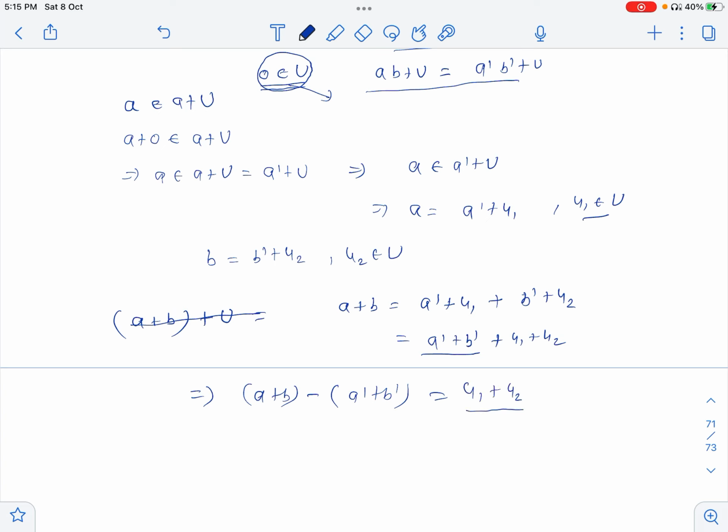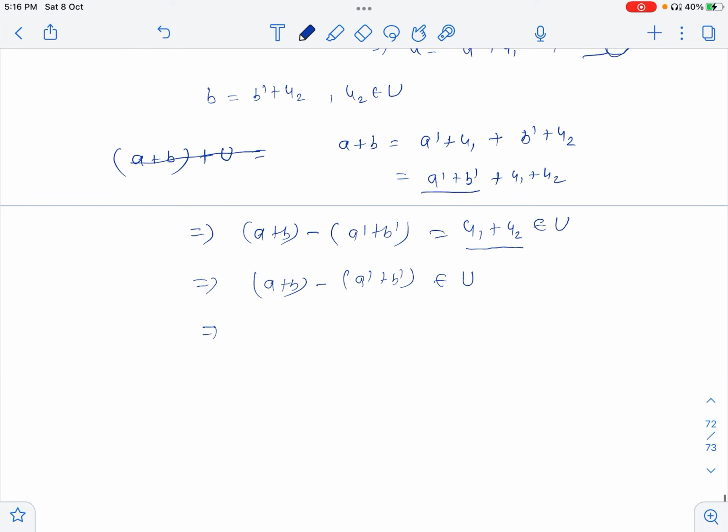We know that u1 and u2 both belong to capital U, so their addition also belongs to capital U, because U is an ideal and an ideal is closed under addition. That means a plus b minus (a dash plus b dash) belongs to capital U, which implies that a plus b plus U is equal to a dash plus b dash plus U. Why does this happen?